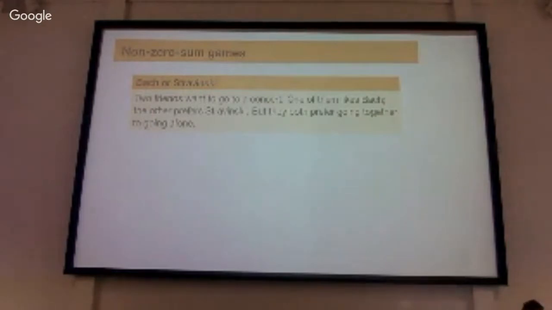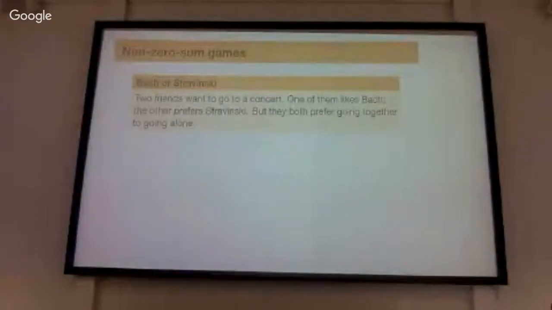You probably see that this is a non-zero-sum game, because it's not that if one of them wins, the other loses, and vice versa. It's that if they both go together, that is preferable for both of them to going separately.